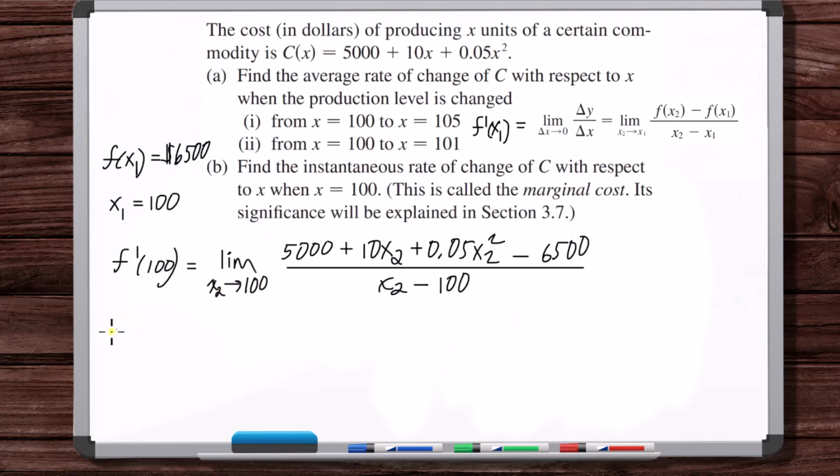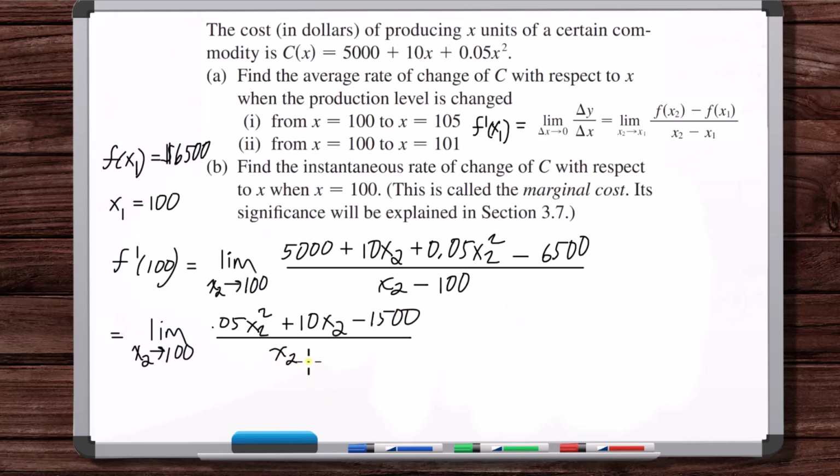Okay, so we've got the limit as X2 approaches 100 of 0.05 X2 squared plus 10 X2 minus 1,500 over X2 minus 100.